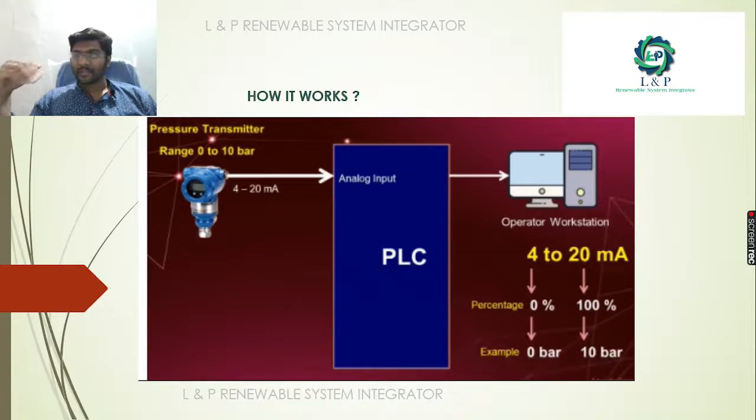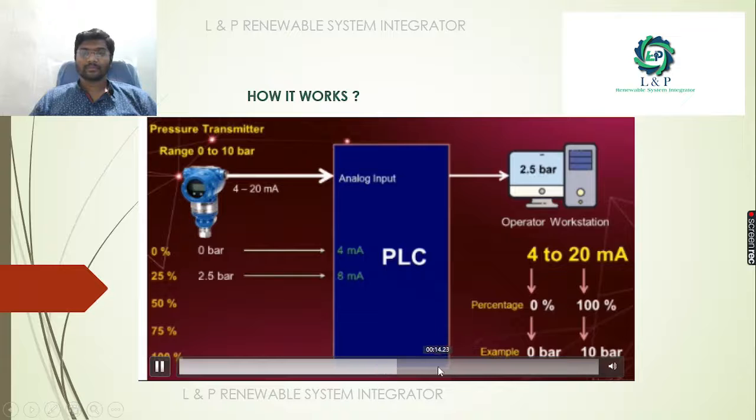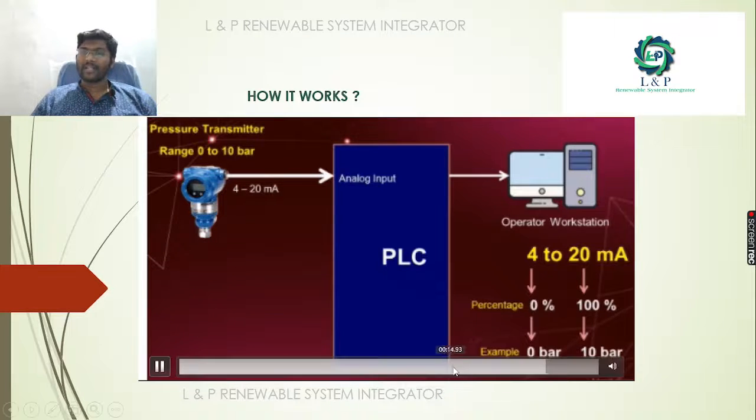For 50%, it is 5 bar and 12 milliamps. And for 75%, the pressure will be more, and the electrical output will be more than the normal one. So if it is 75%, 7.5 bar is 16 milliamps. If it is 100%, it's 10 bar, that is 20 milliamps.